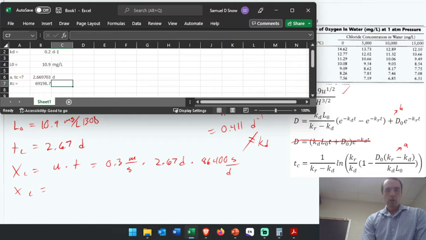We can also divide that by 1,000 for kilometers. So 69.2 kilometers.